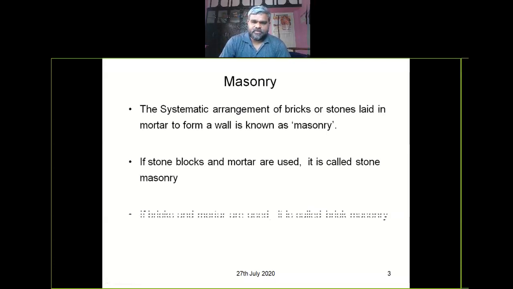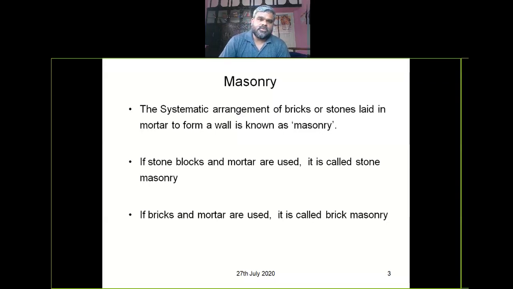What is masonry actually? Masonry is a systematic arrangement of bricks or stones laid in mortar to form a wall. The largest masonry dam constructed is across the Krishna River, the Nagarjuna Sagar Dam.